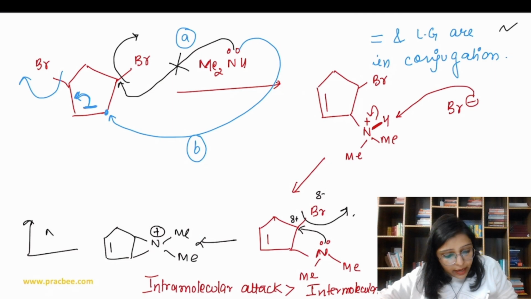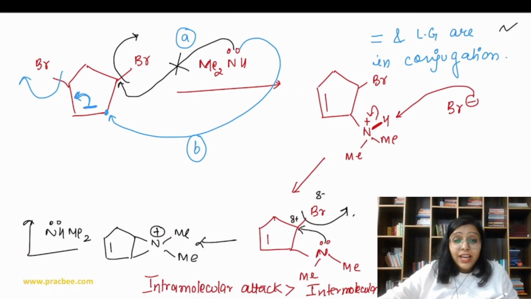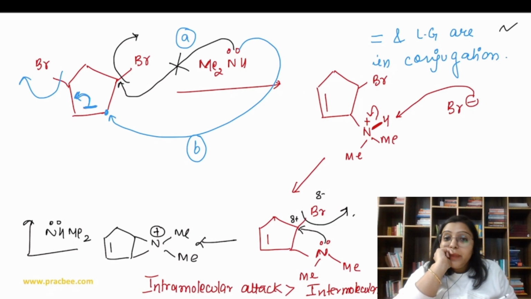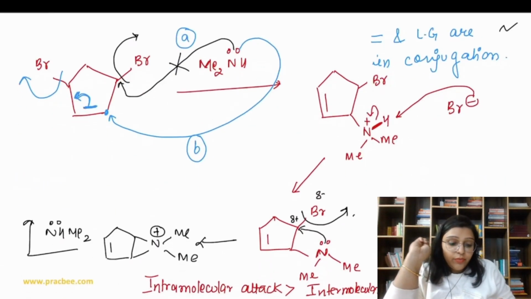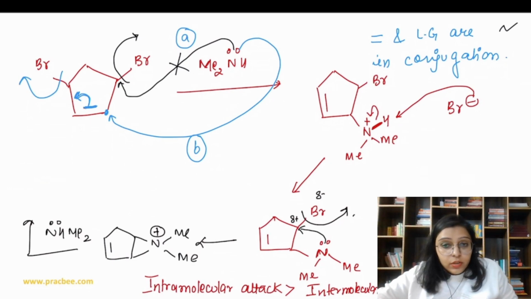Next, NHMe2. Okay. Now if we had one more double bond, then we could also expand the ring. But if you see the options, we have only a 5-membered ring. So let's see.